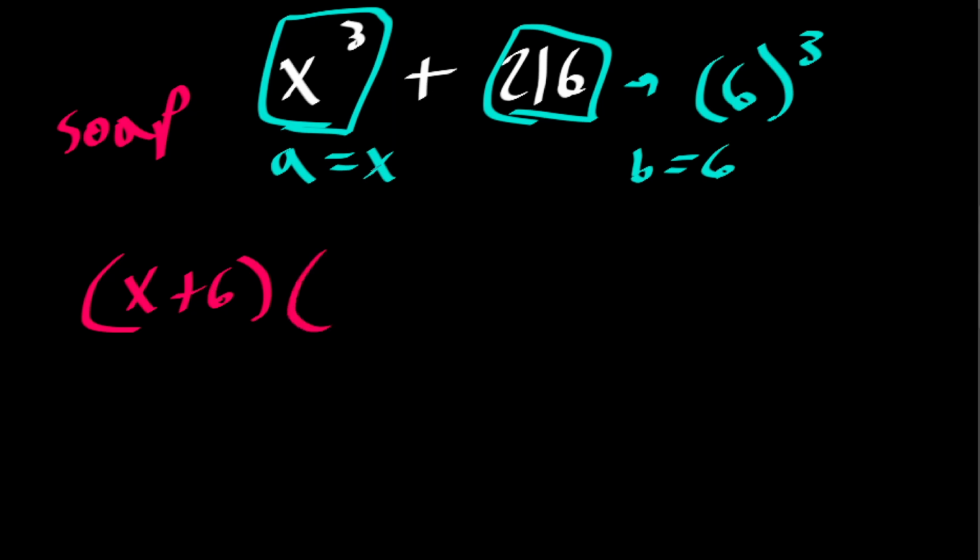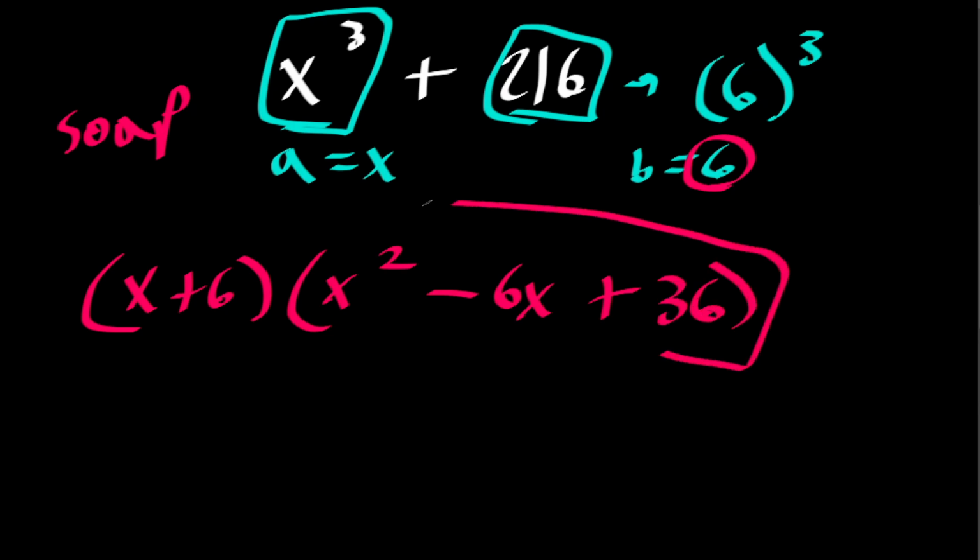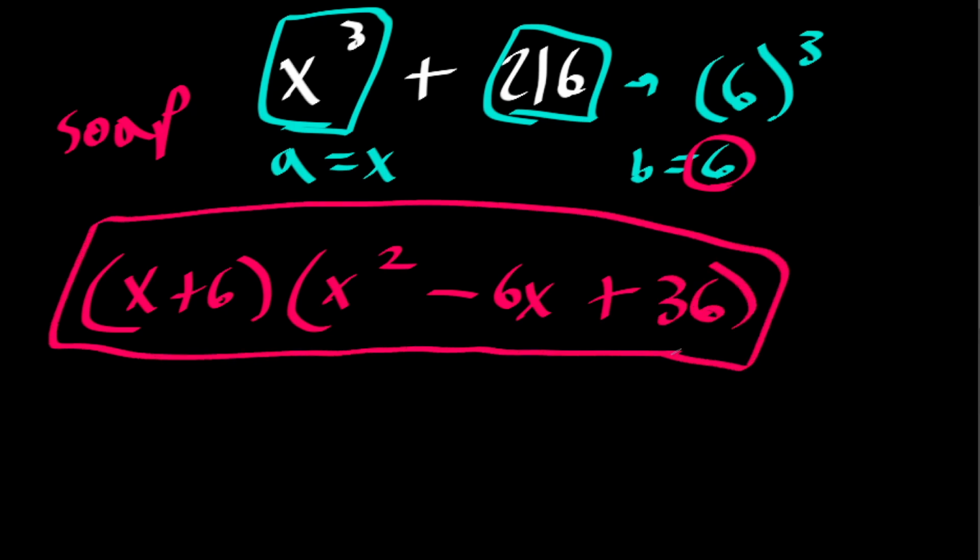Then we multiply that by a squared, which is x squared, minus, because we changed this sign to be the opposite. Now we do 6 times x, which is 6x. Then we're always positive at the end, and we take 6 and square it, which gives me 36. So once again, we have just factored using sum of cubes.